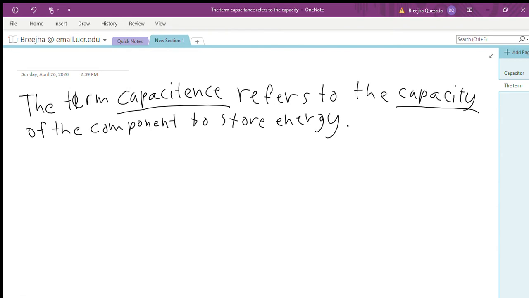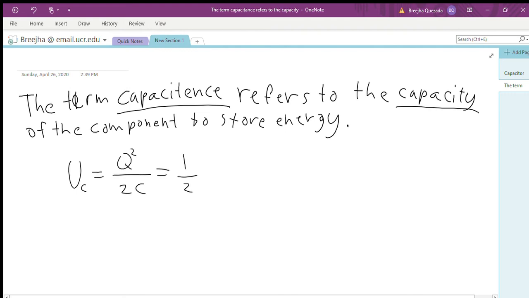We tend to think of the energy that can be stored in a capacitor as being equal to Q squared over 2C, and that can also then be equal to 1/2 C delta V squared. The units of this equation break down to just be equal to joules.